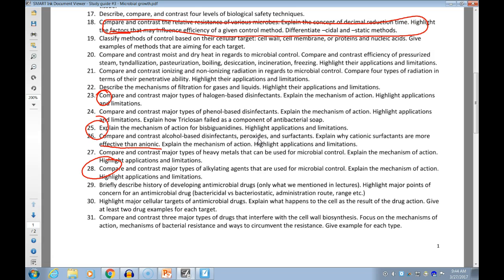Autoclaving, incineration, peroxides, alkylating agents, gamma rays. Did I forget anything? I'm talking hardcore. Technically, again, chlorine gas, but we don't want to be like the Germans in World War I. Okay. That's it. So those five things.